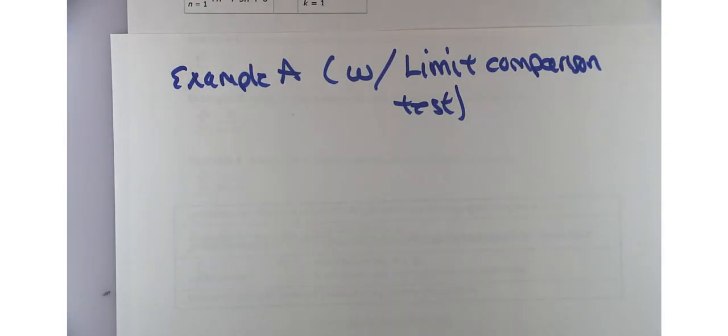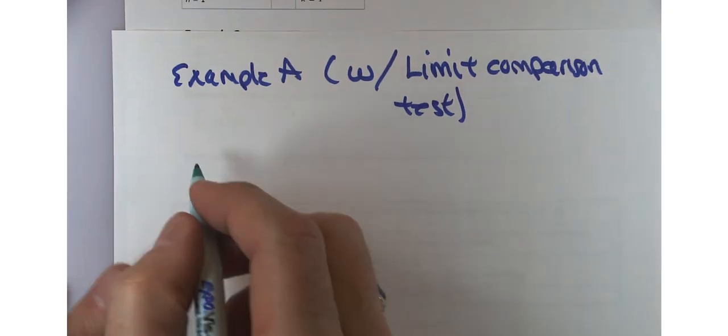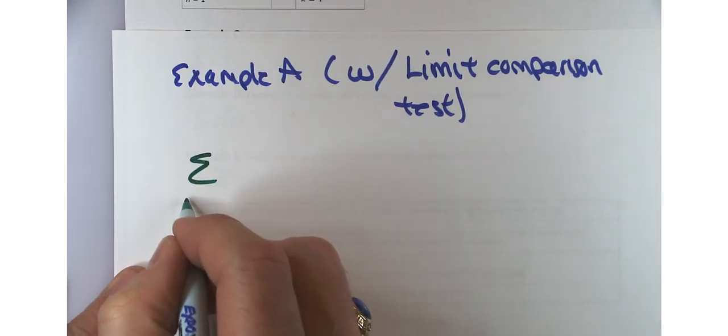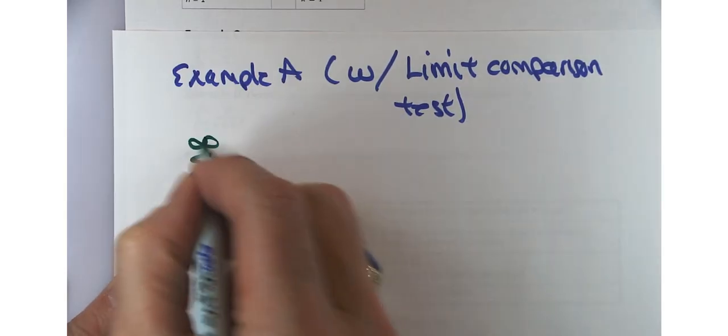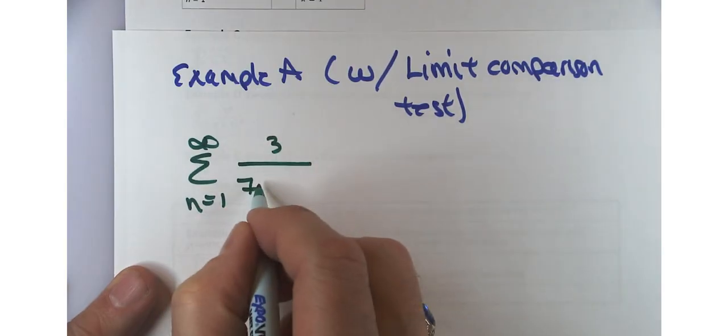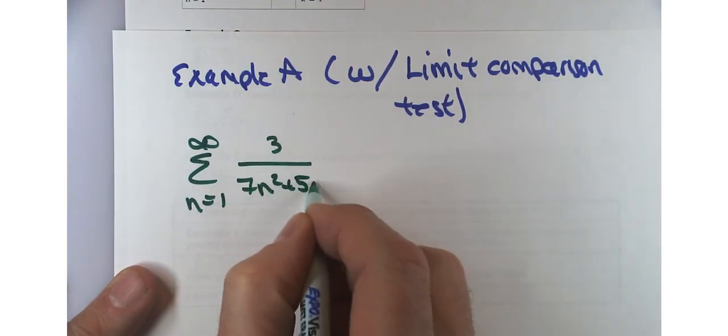All right, so let's see, we've got this series again, sum from n equals 1 to infinity of 3 over 7n squared plus 5n plus 6.